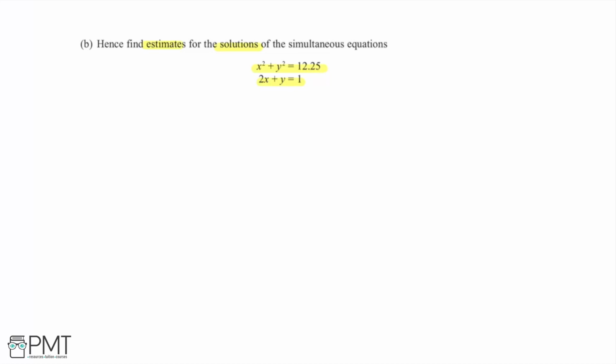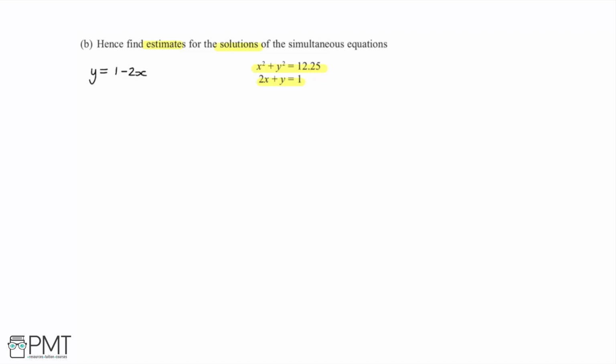A slightly different way I could go about this is by starting by eliminating a variable, so eliminating one of the variables and doing this in a more algebraic way. So if I take the second equation that we're given here, 2x plus y equals 1, if I want to get this in the form of x or y is equal to something, I could subtract 2x from each side, leaving me with y is equal to 1 minus 2x.